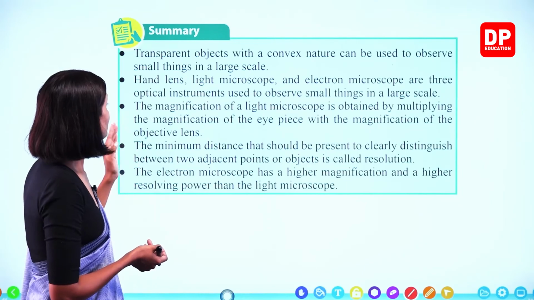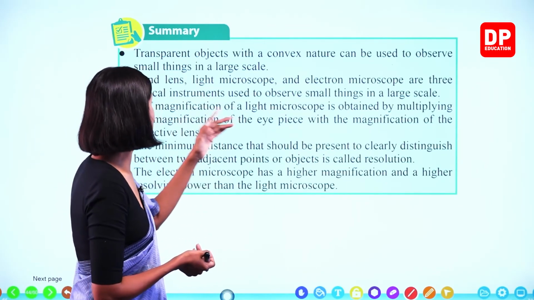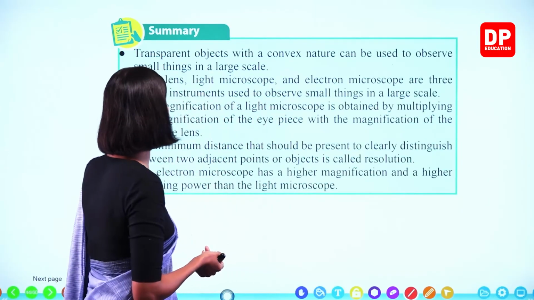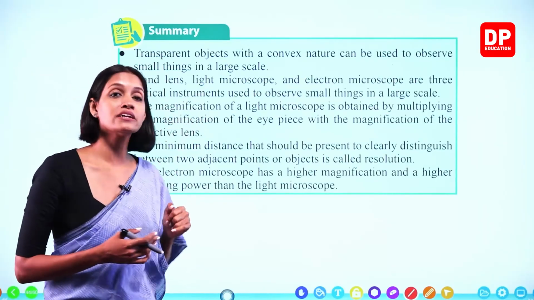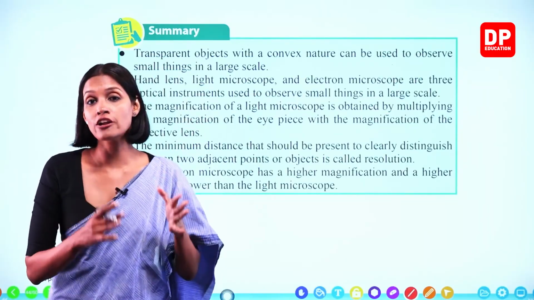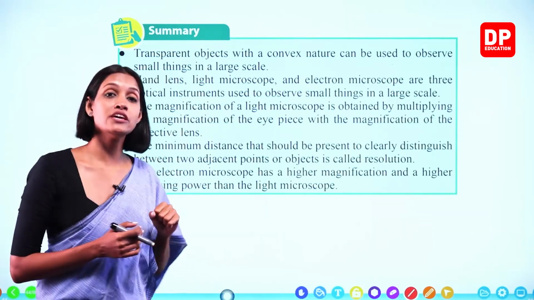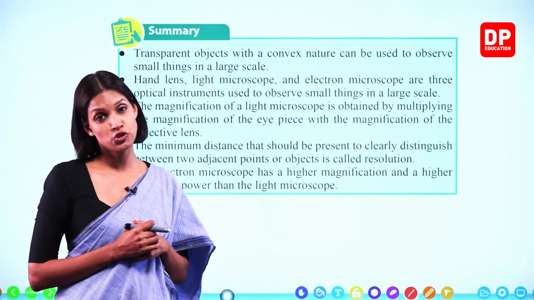The magnification of a light microscope is obtained by multiplying the magnification of the eyepiece with the magnification of the objective lens, because the compound light microscope has two convex lenses, right? In order to get the total magnification, you have to multiply the magnification of both lenses that you used.